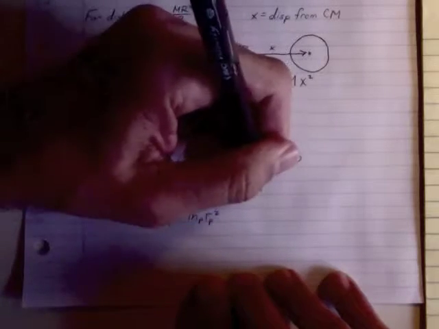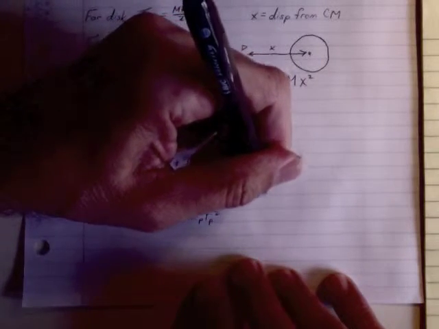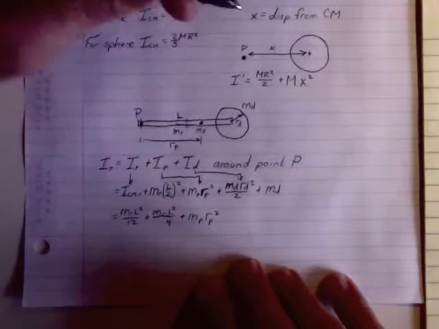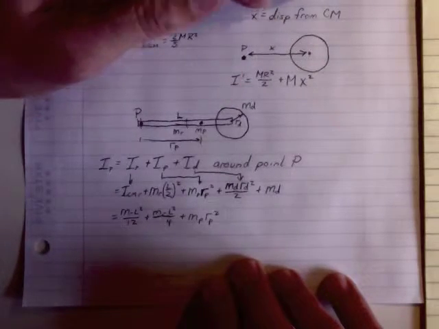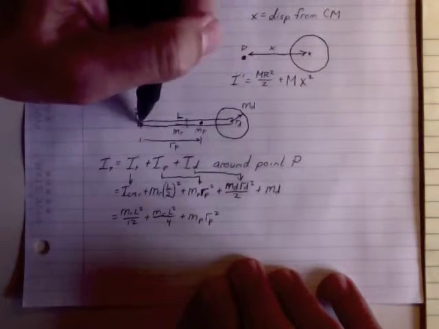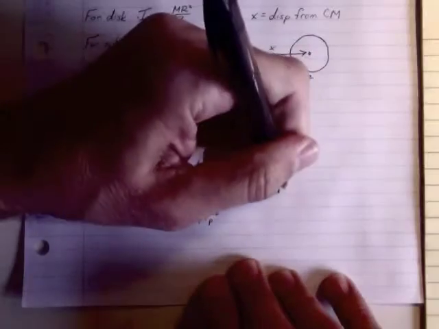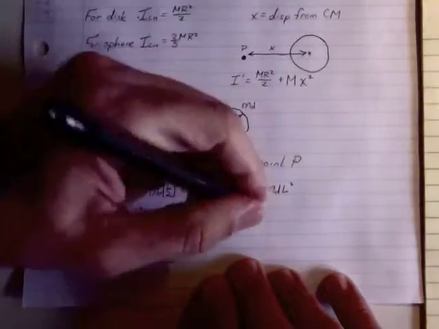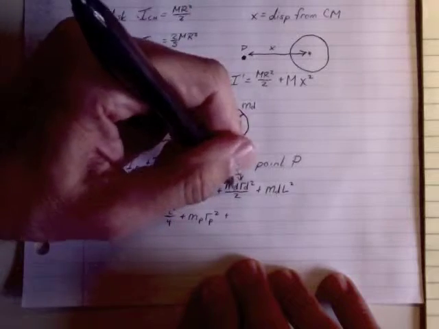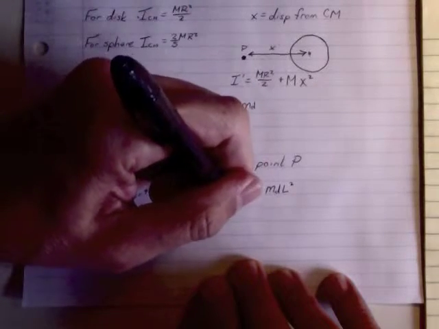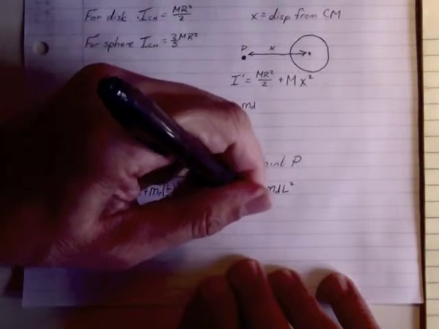And then we've got to use the parallel axis theorem, the mass of the disk times the distance from the center of mass to our point of rotation, that happens to be L, quantity squared. So I wish I'd written that as I center of mass disk, but I hope you get the idea.